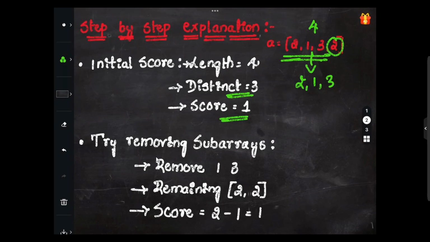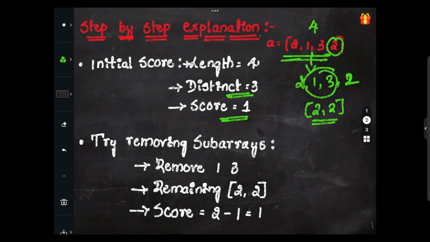First, out of 2 1 3 2, we will remove the subarray 1 3. So remaining will be quite obviously 2 comma 2, right? In this case 2 comma 2, and this one is repeated, right? So this is not distinct.